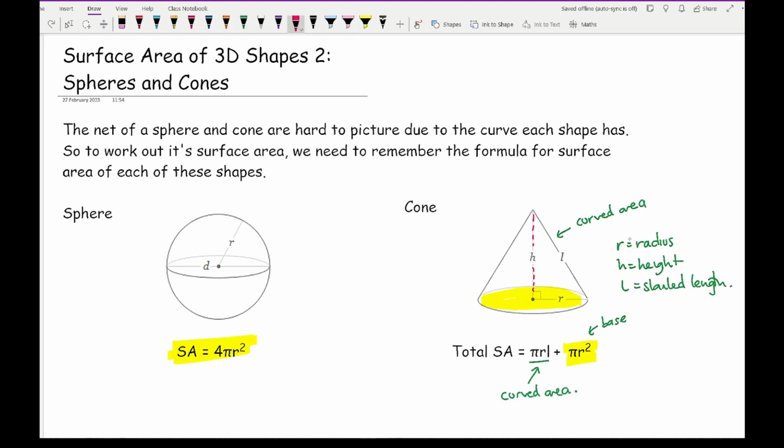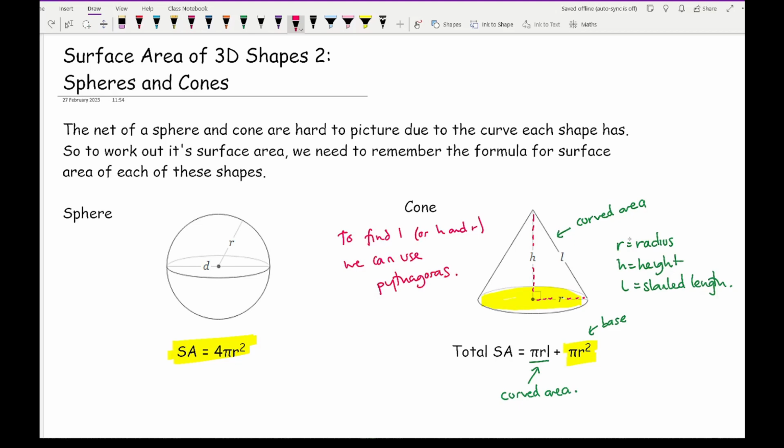So in some questions, which will be worth more marks, you may be given h and r, and to find L we can use Pythagoras. To find L or even h and r, we can use Pythagoras, and that's something to always keep in mind, particularly if you're working at a higher level. So just be mindful of that.